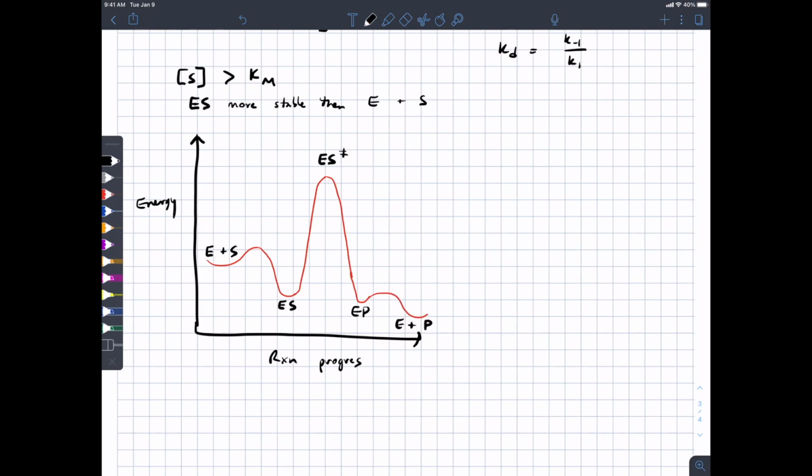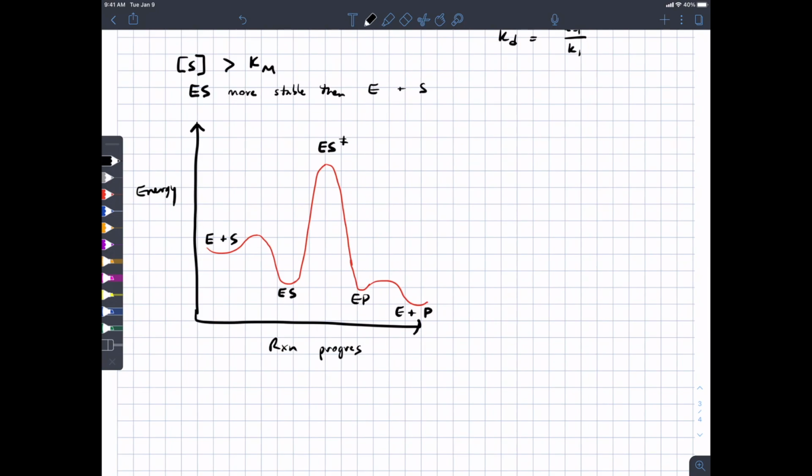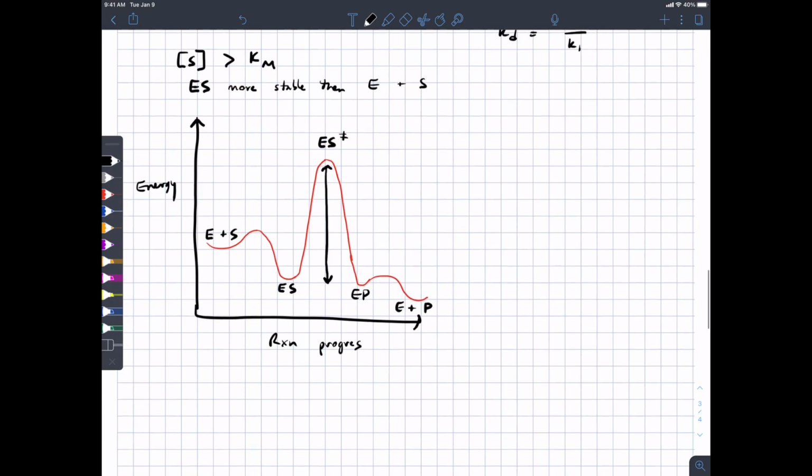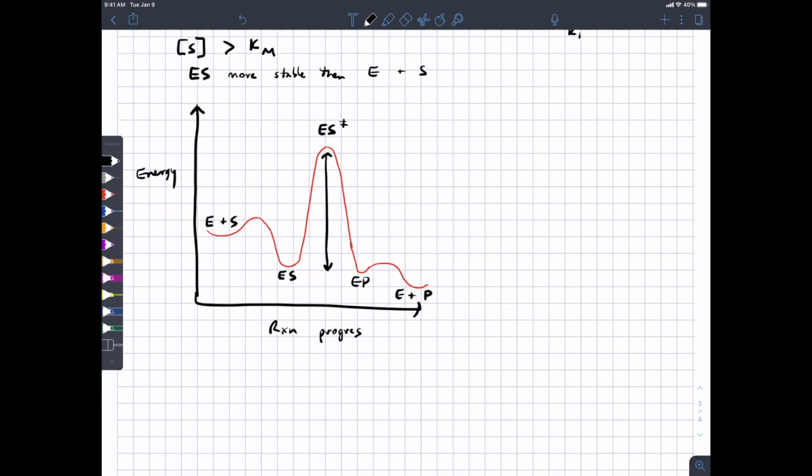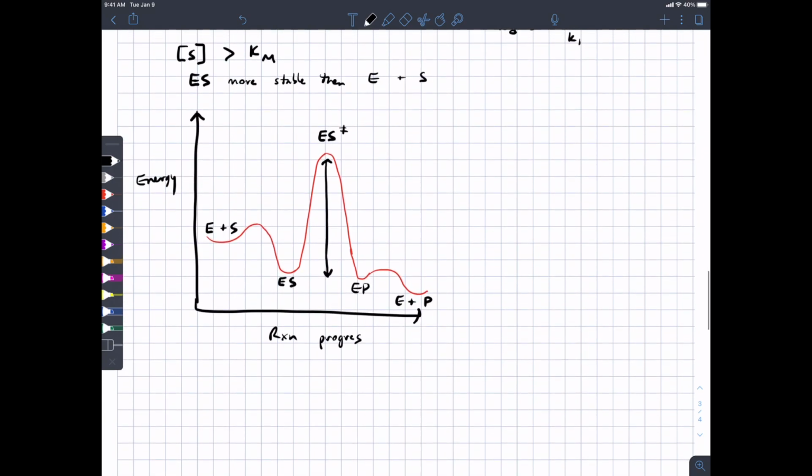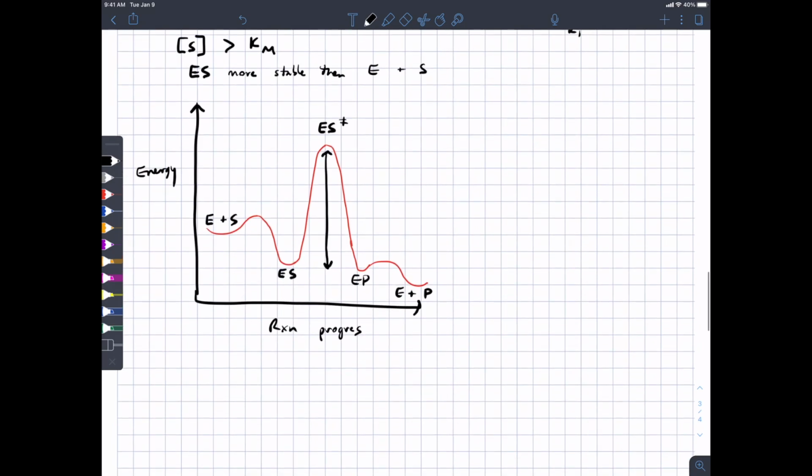And you get to start over again. And the activation energy that determines the rate of reaction is the energy difference between the enzyme substrate complex and the transition state. So let's think about how you might improve catalysis.